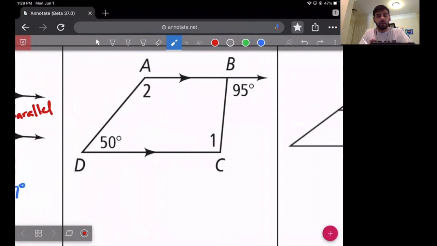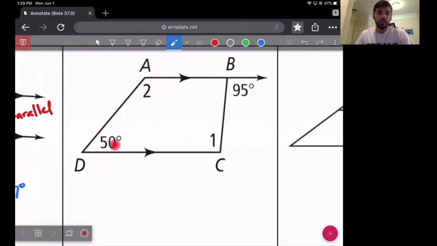Okay, so one special thing about parallel lines is that if you have same side interior angles, notice how these two angles, angle A and angle D, are on the same side of the transversal, if I would extend it going outside of the shape, and they're on the interior of the two parallel lines.